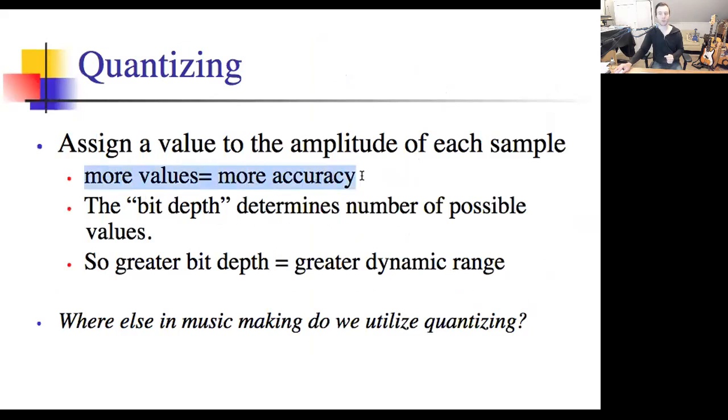More values is more accuracy to the original analog signal. The bit depth determines the number of possible values. And once again, to use our CD as a common place to go back to, a CD is 16-bit, which is 2 to the 16th power.